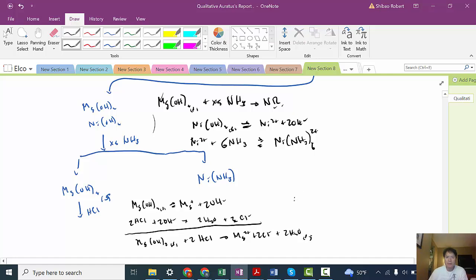If we take the metathesis route, it's just magnesium hydroxide solid plus two HCl's, and this is going to yield magnesium chloride plus two waters. Driving force is going from stronger acid to weaker acid. Here, HCl being the stronger, water being the weaker. Or double replacement, I should say.